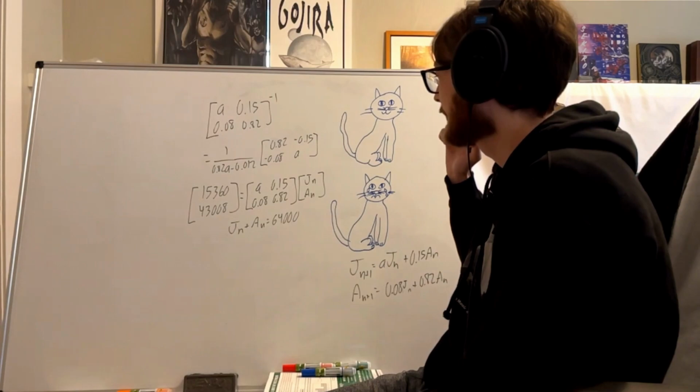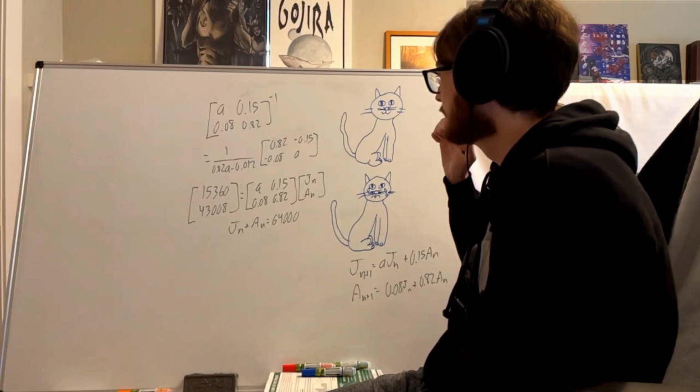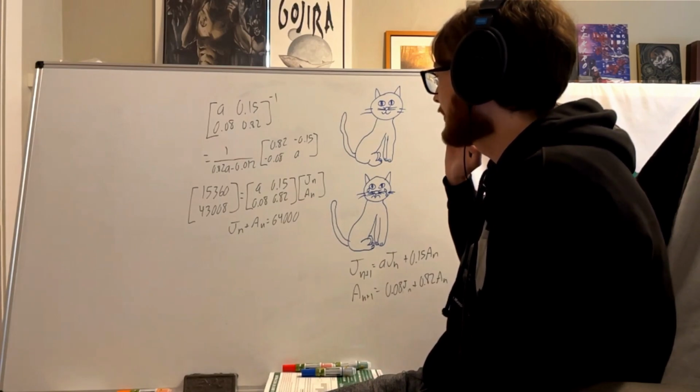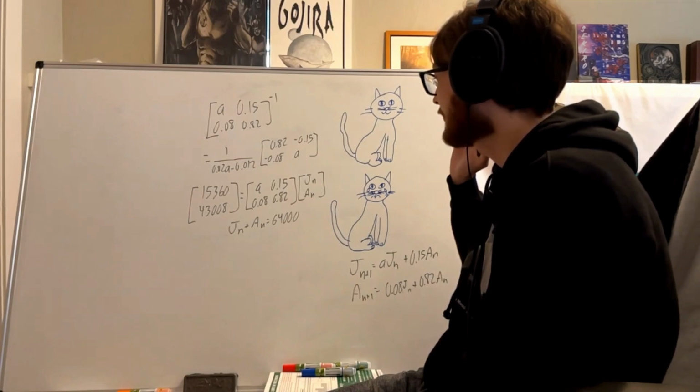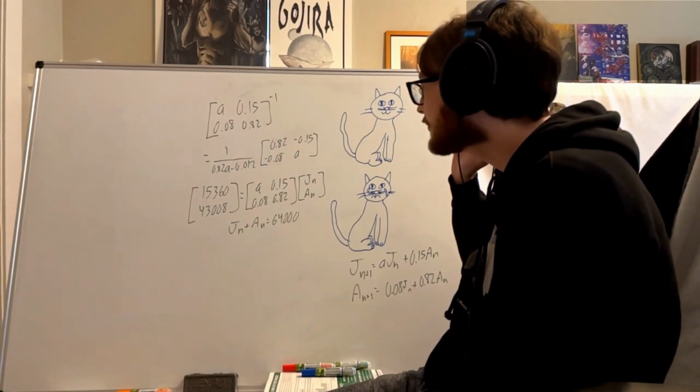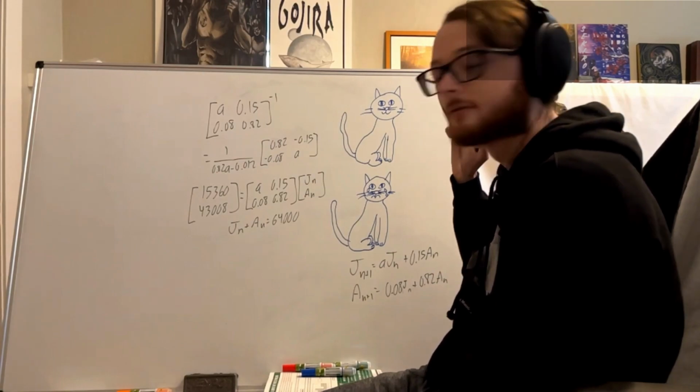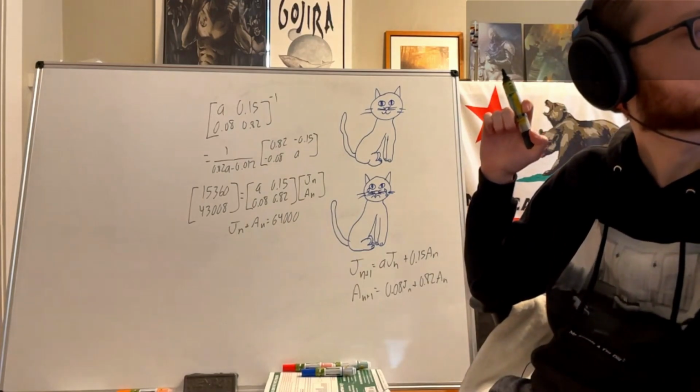Or just make it into a system of equations. Is one easier than the other? I feel like a system of equations makes more sense to me, at least. I'm just kind of debating this.